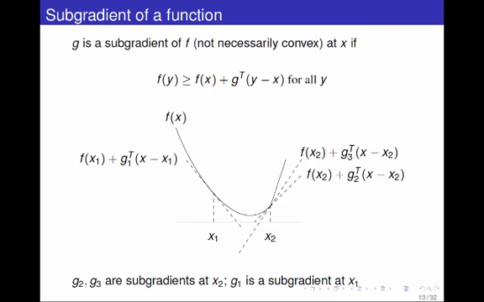Both of these, if you walk along them, you will be on this space here, and if you're on this space here, you're always underneath this function, no matter if you move from x2 to here, or further down, or further up, which means that g2 defines a subgradient at x2. It's a slope of the line, and if you walk along that slope, you'll stay under the function. Okay? So there is an infinite number of g's.